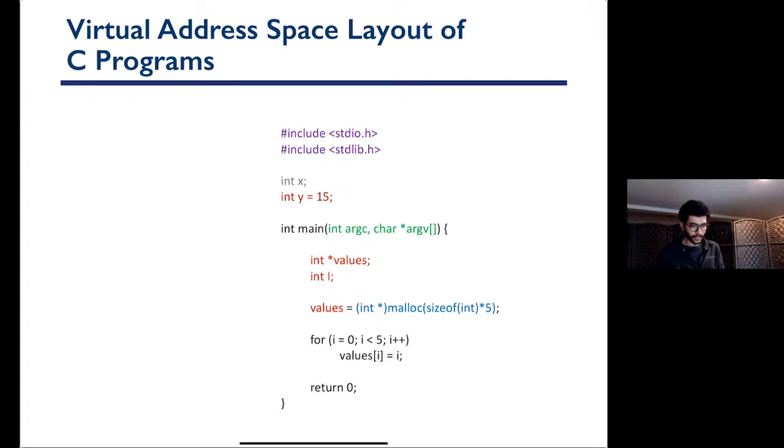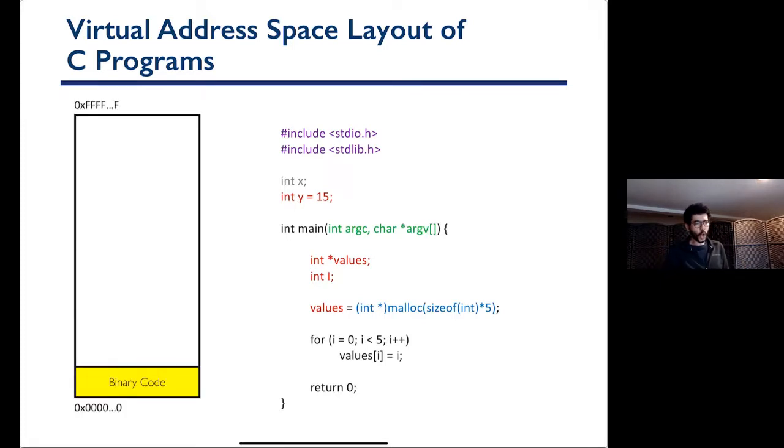So I have here a program. The code of this program, the binary code, goes at the bottom of the virtual address space. So this is address 0 all the way to address FFFFF, depending on how many bits your system has. The number of these Fs and zeros depends on the size of the virtual address space.